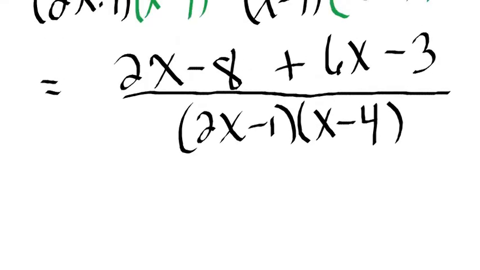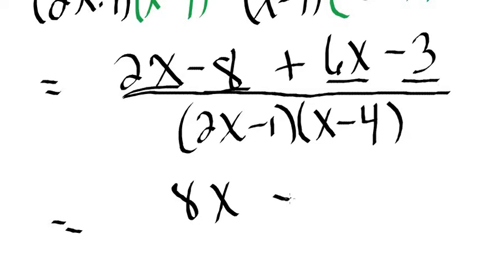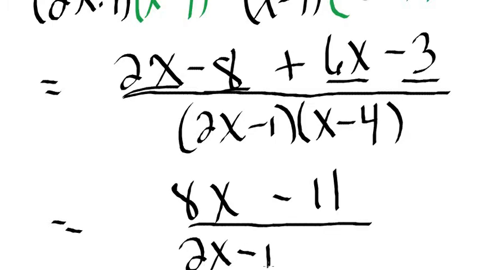Okay, let's do something with that numerator. We have a 2x and a 6x, so that becomes 8x. Negative 8 minus 3, negative 11, all over 2x minus 1 times x minus 4.